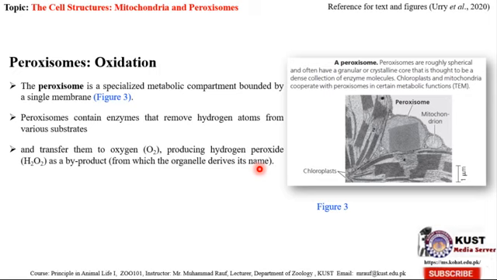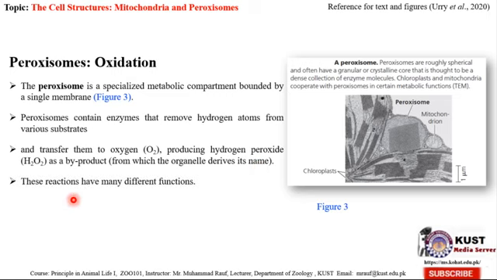So why are peroxisomes named so? Because they contain enzymes which remove hydrogen atoms from substrates, and then these hydrogen atoms are transferred to oxygen to form hydrogen peroxide.